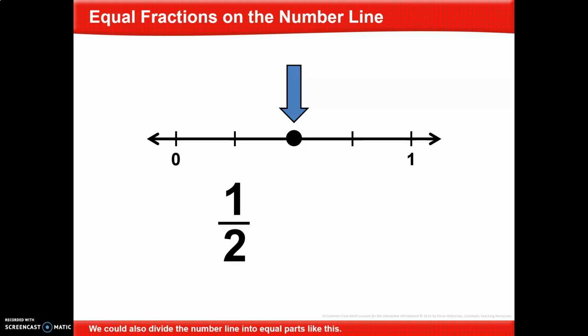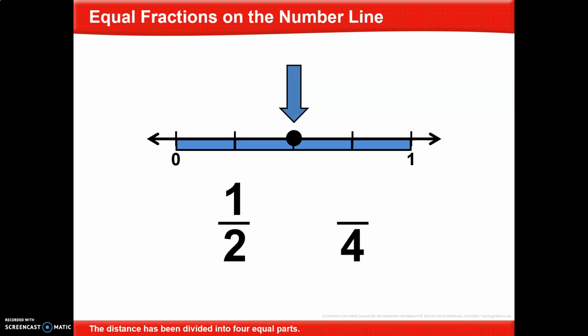We could also divide the number line into equal parts like this. Let's count to find out how many equal parts there are. 1, 2, 3, 4. The distance has been divided into 4 equal parts.